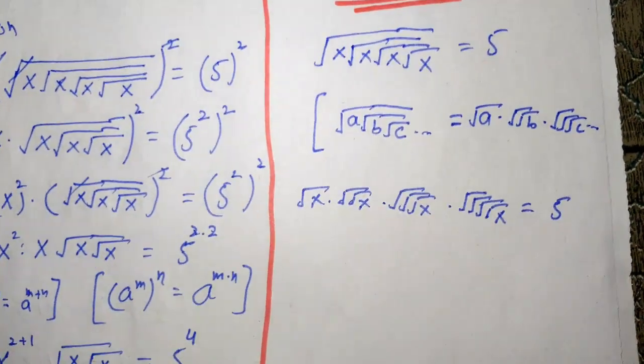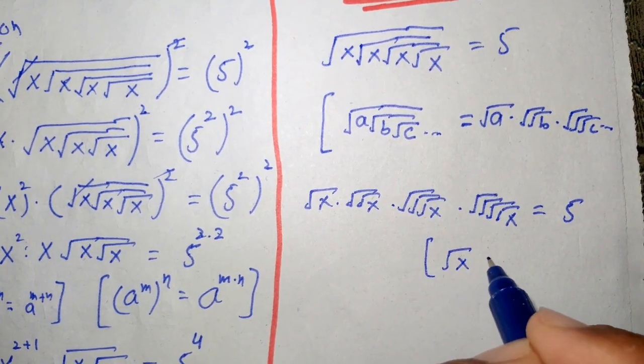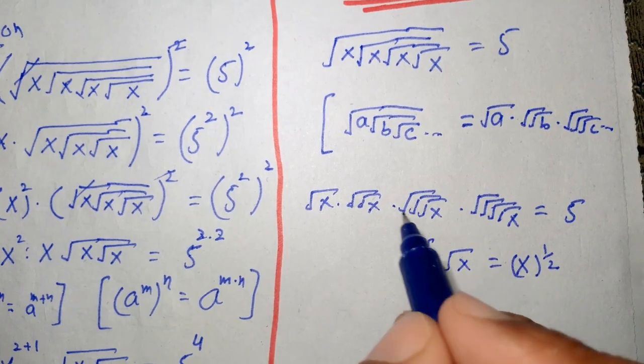Now we also know that square root of x is equal to x to the power of 1 over 2. So we have to replace the square root by 1 over 2.